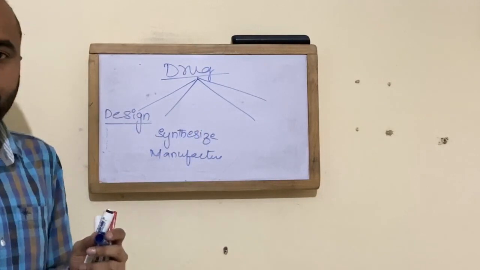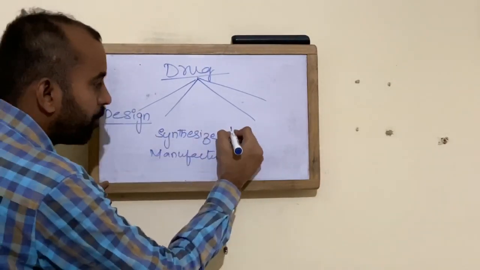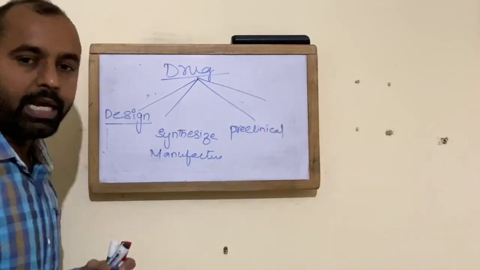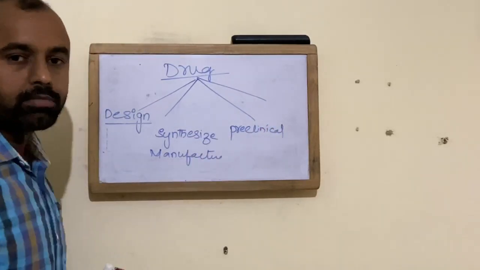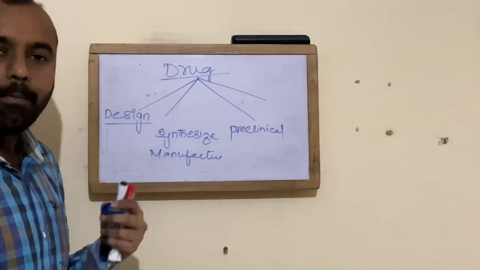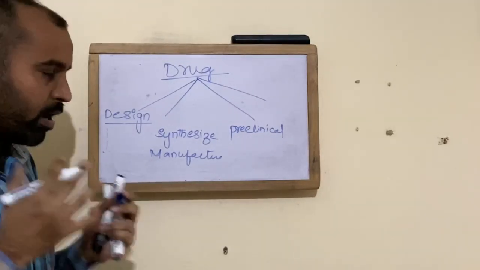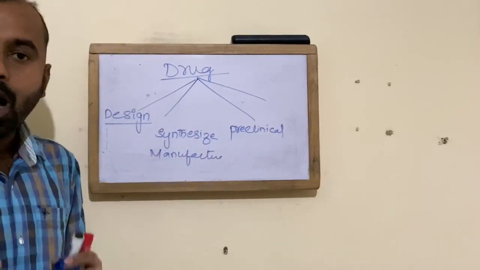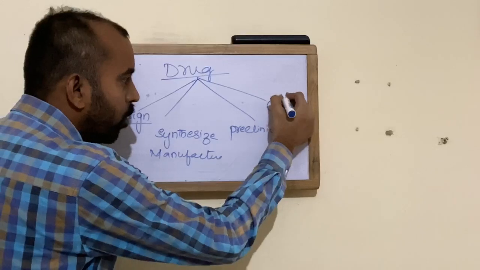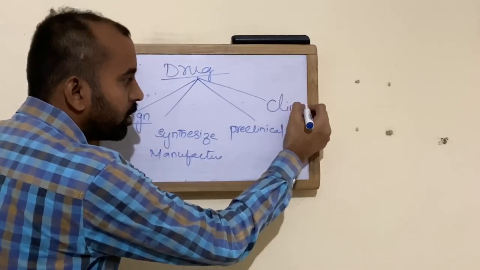Okay, after manufacturing, you go for preclinical study. What do you mean by preclinical study? That means you study on animals, rats, rabbits, horses, dogs, based upon their closeness to human beings. From the safety data of your preclinical studies, you do clinical studies.